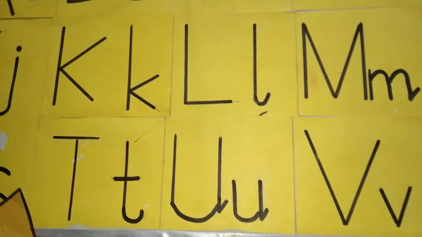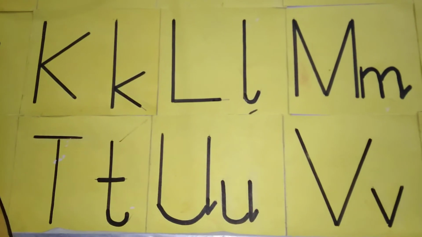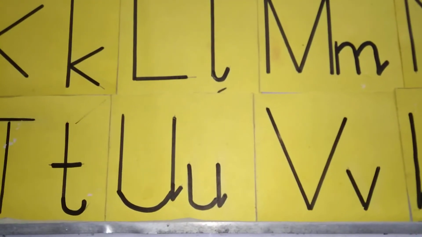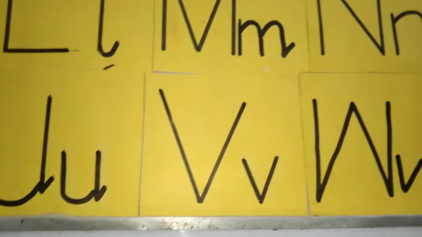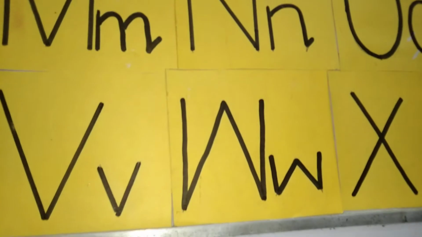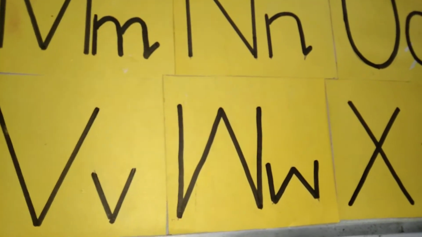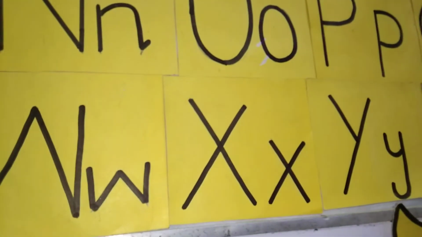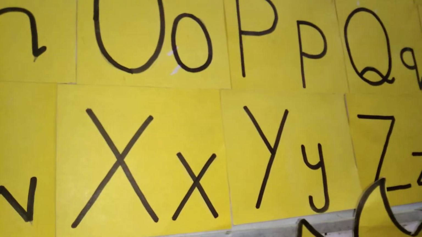T is for train, train. U is for umbrella, umbrella. V is for van, van. W is for watch, watch. X is for box, box. Y is for yellow, yellow. Z is for zoo, zoo.